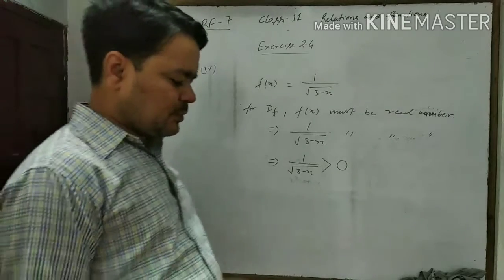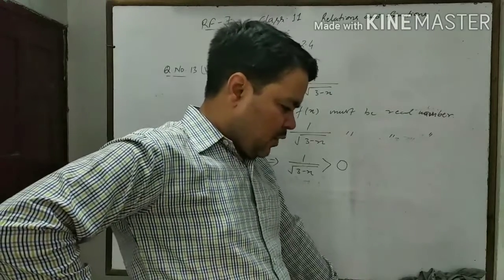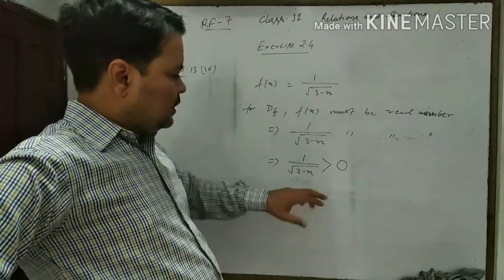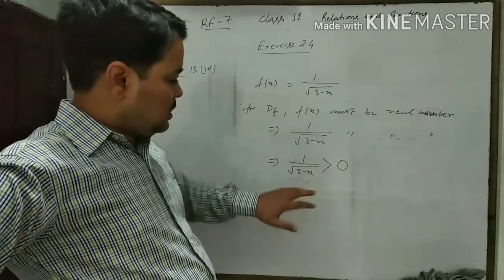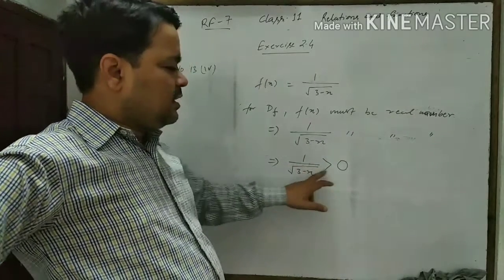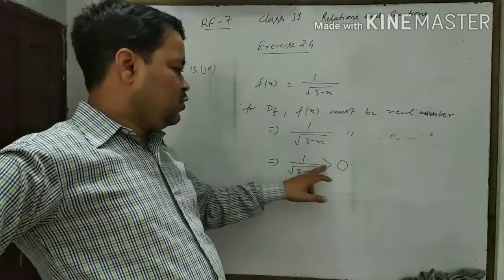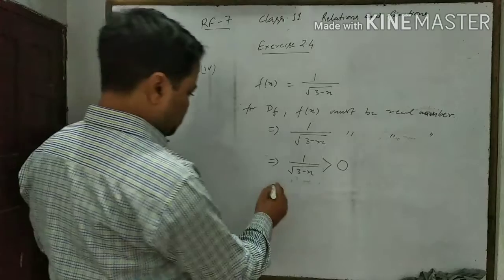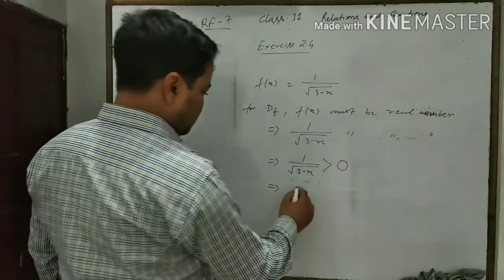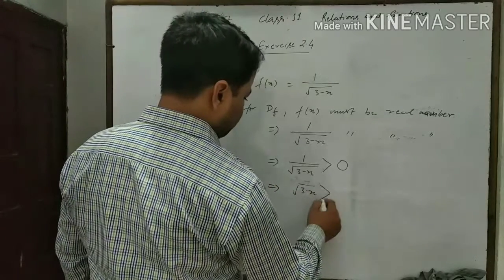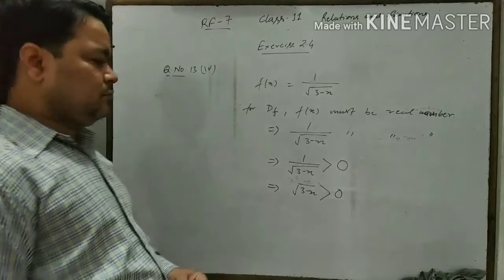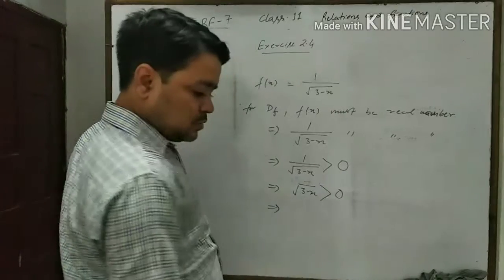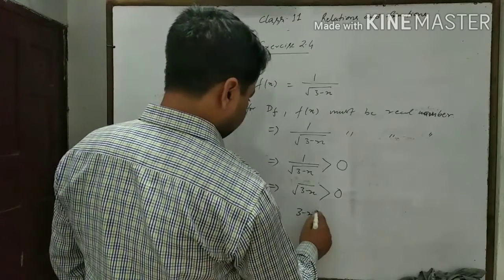Okay. It is possible when this value is greater than 0. And this value will be greater than 0 if this denominator is greater than 0. This value will be greater than 0 if under root 3 minus x is greater than 0. Okay, and it is also possible when 3 minus x is greater than 0.